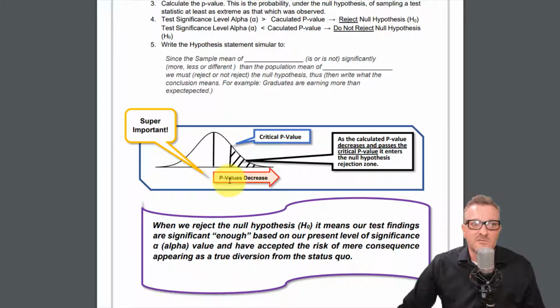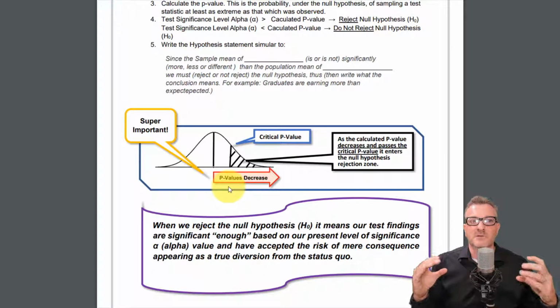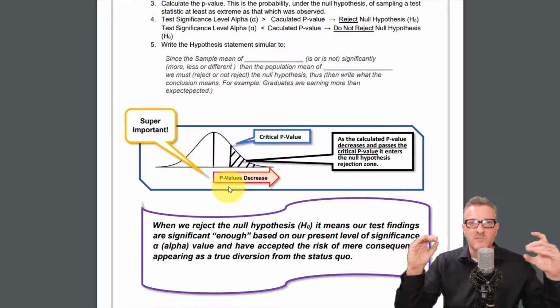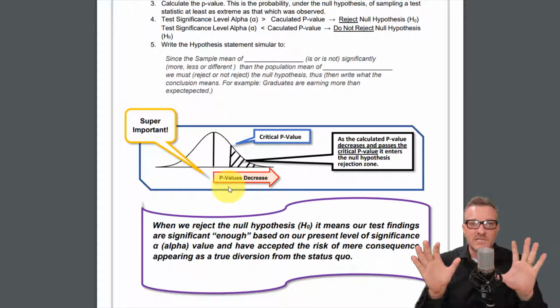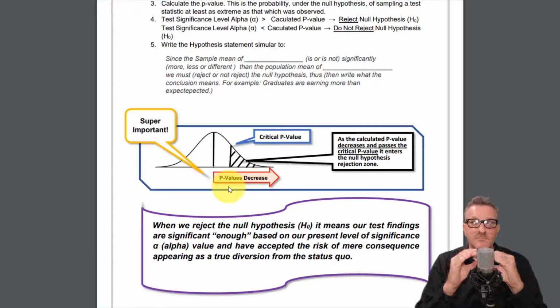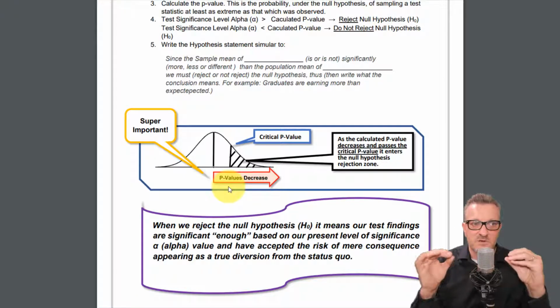So p-values, now these are probability values. So as we move further out, the probability decreases. The only real difference between this and the rejection zone with the t-scores and the z-scores is that they both are doing the same thing. It's just that as probability decreases, the actual number gets smaller.